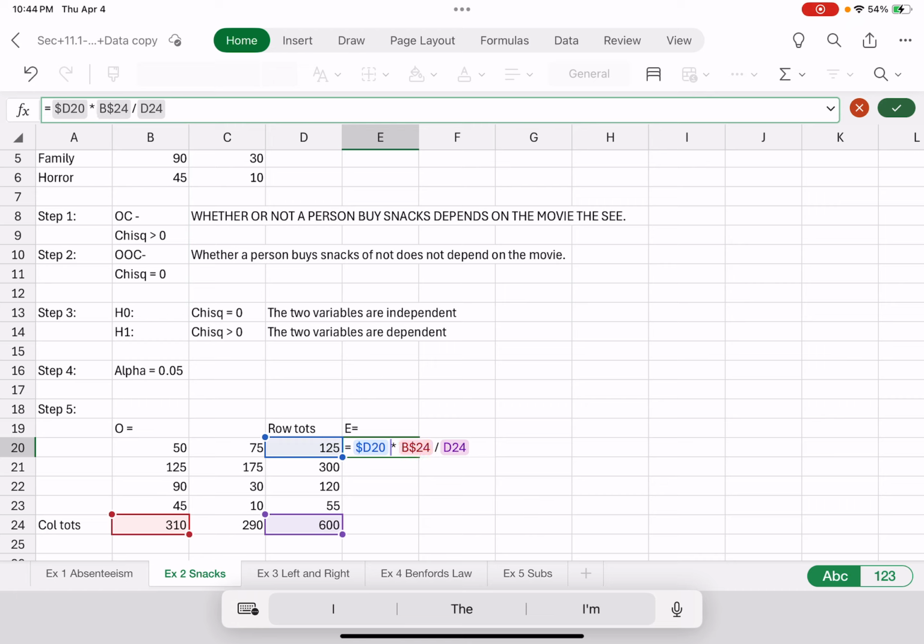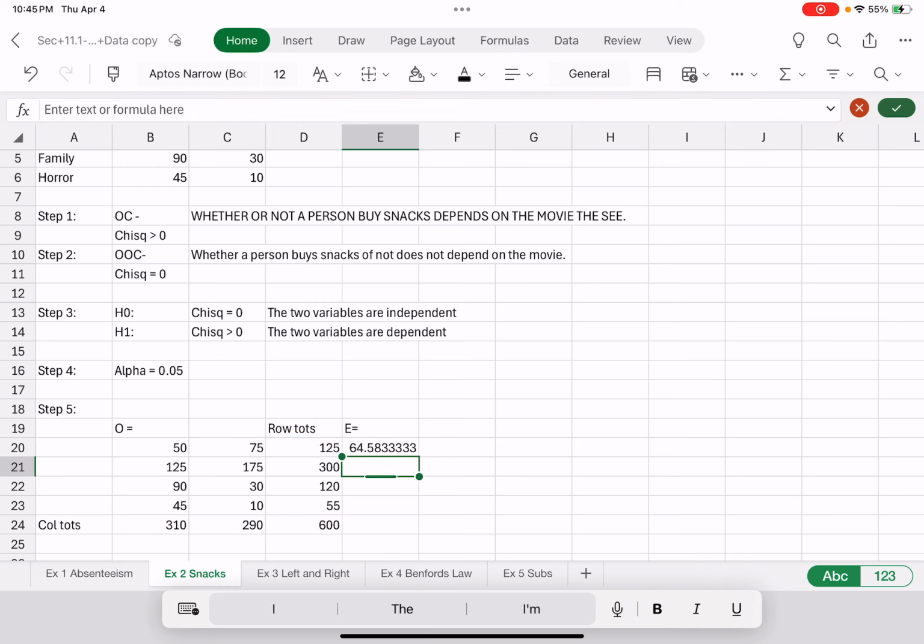Similarly, if I change rows, I want the row total to go to a different row. So I'm not going to put a dollar sign in front of the 20, which tells me the row. And so I'm not going to put a dollar sign in front of the B, which tells me the column. But I will put a dollar sign in front of the D and the 24 in this case, because I never want the grand total to change. Okay, take a hard look at that. This is complicated stuff.